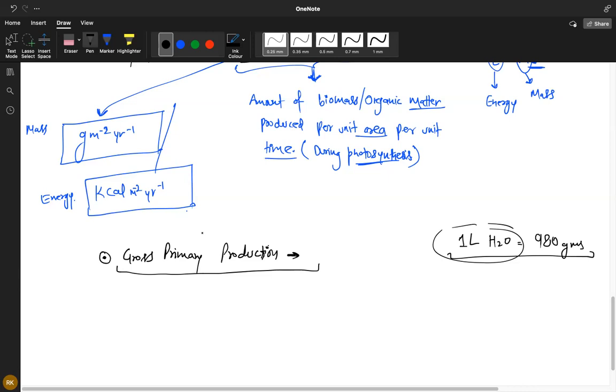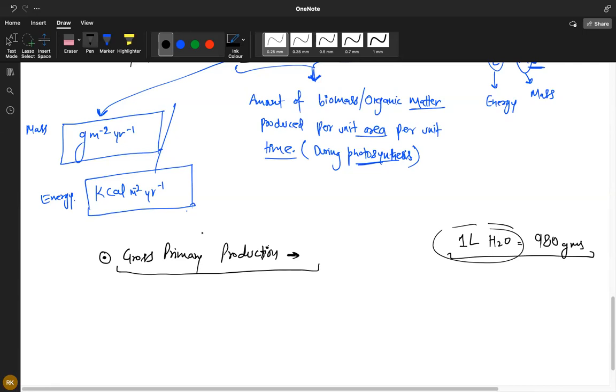Okay. But we know that everything that is produced is not useful. It cannot get passed on to the next, like from primary producers. Everything cannot get passed on to primary consumers, because primary producers, they themselves are living systems. So they will also utilize something, right? A plant also utilizes energy to survive. Yes or no?